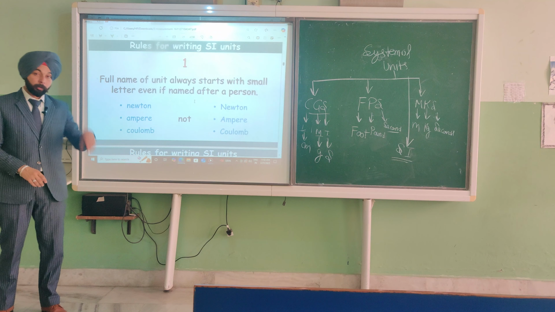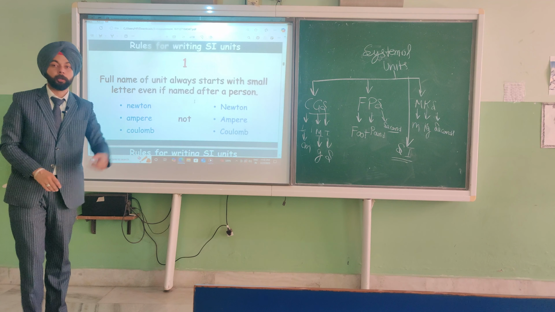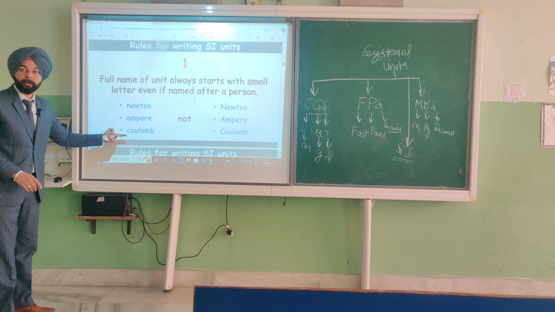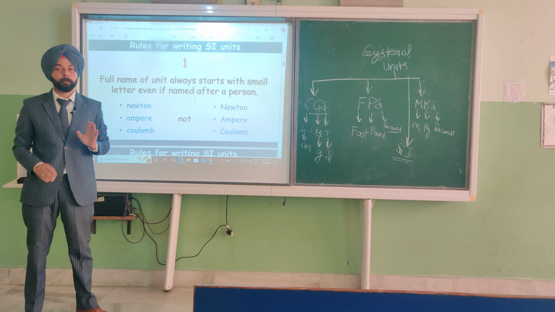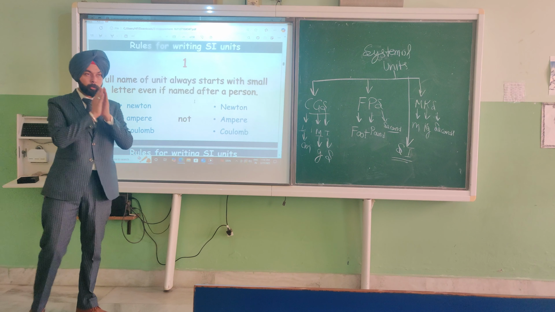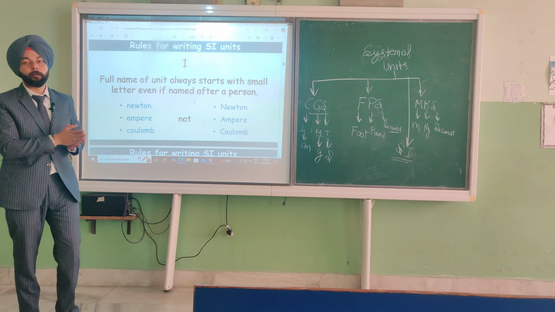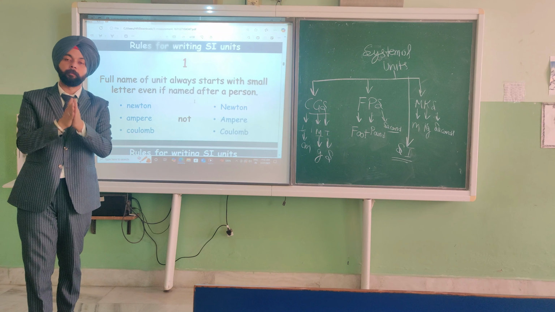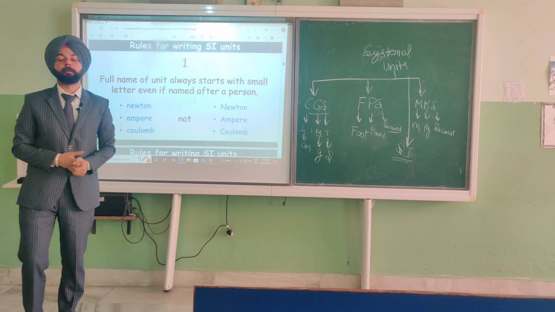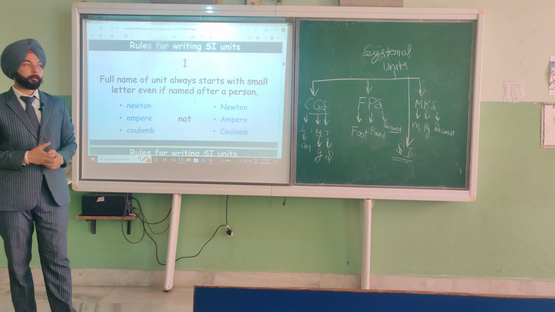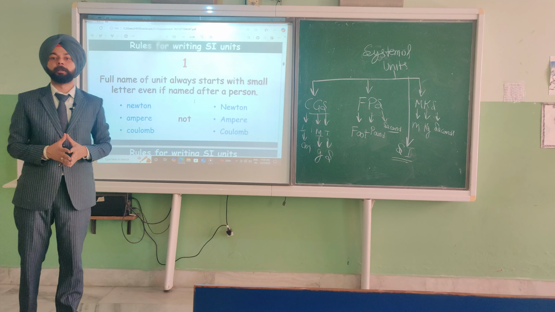So Coulomb is also a scientist who introduced the Coulomb law. You write it with a small c, not a capital C. The full names of units start with small letters, not capital.